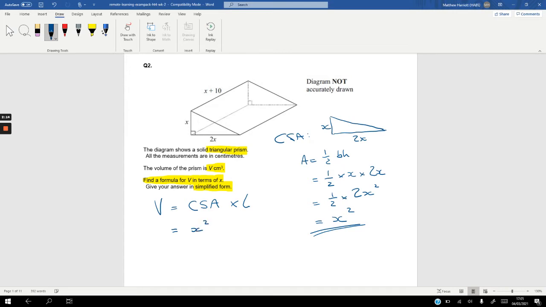So I can write X squared for the cross-sectional area. Now I want the length. The length is going to be this length along here, which I can see is X plus 10.